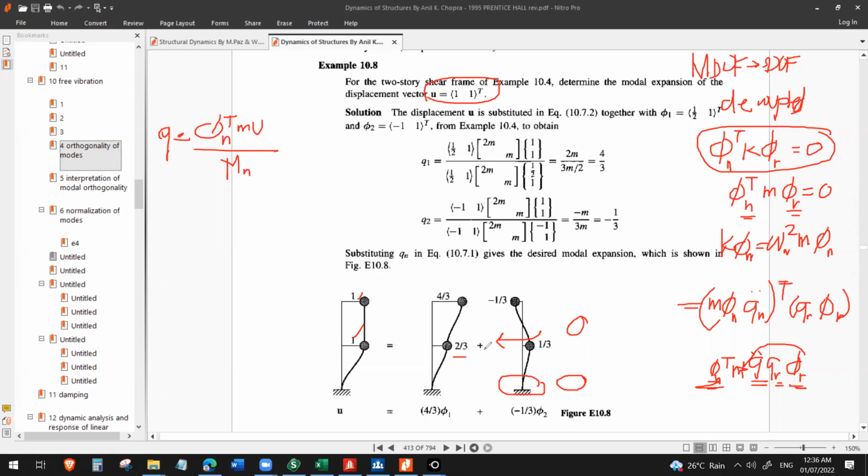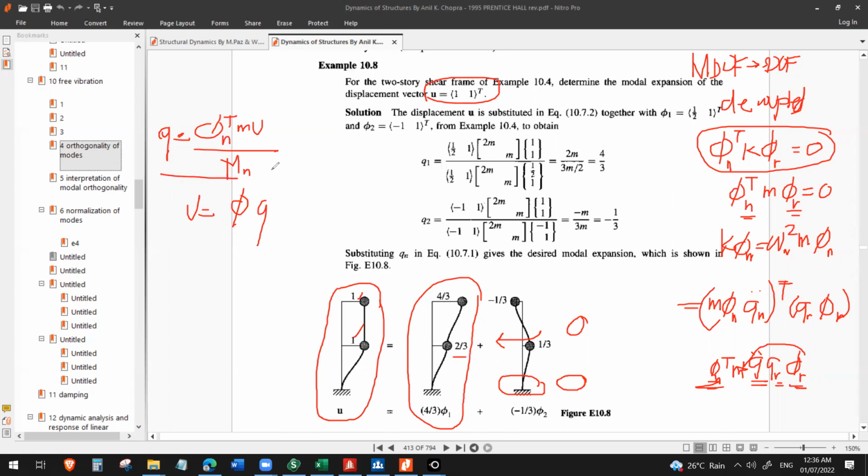We will dissect the contribution of each mode in getting the physical displacement. That is why u is equal to phi q, the eigenvector multiplied by the modal coordinates, as they are called.